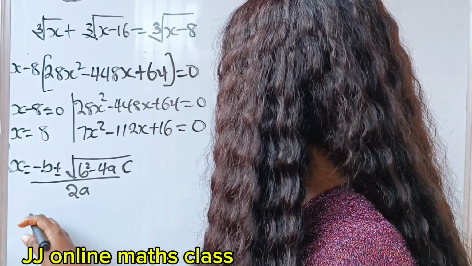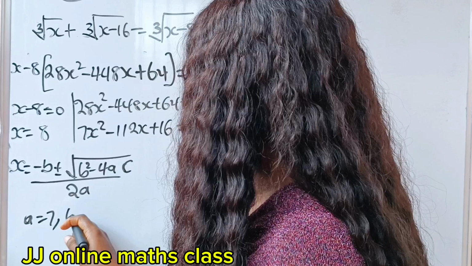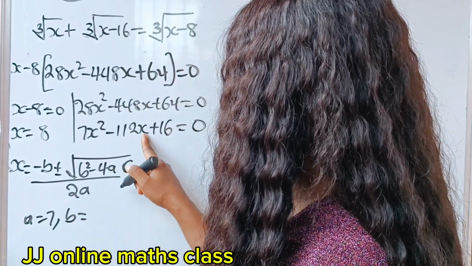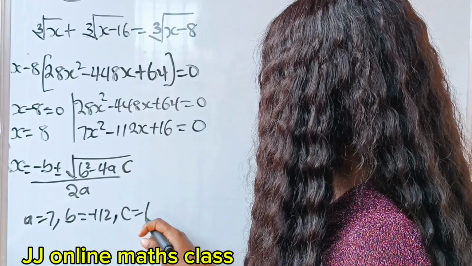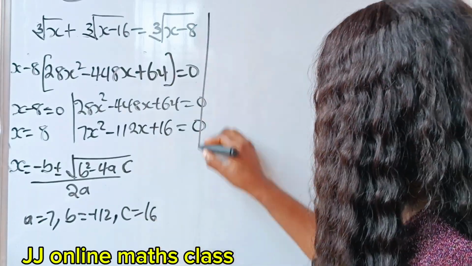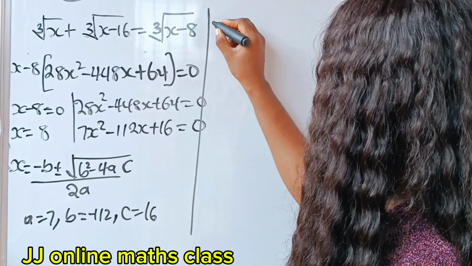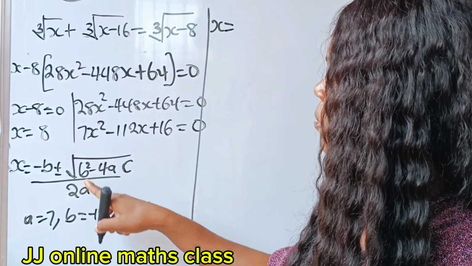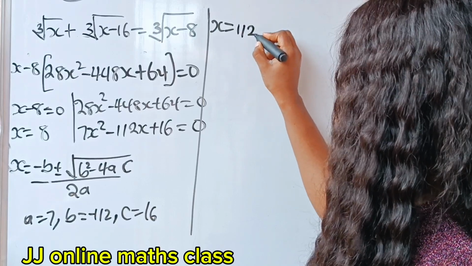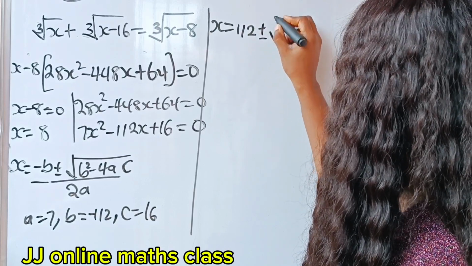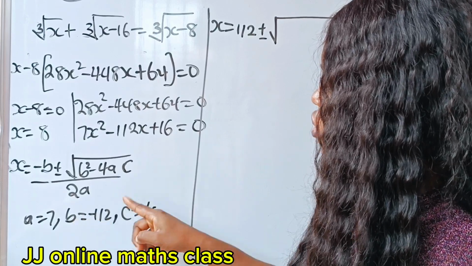Now in this case our a is equal to the coefficient of x squared, which is 7. Our b is equal to the coefficient of x, which is minus 112, and our c is our constant, which is plus 16. So if we plug these values into this equation, we have that x is equal to minus b, that is minus minus 112, which is 112, plus or minus square root of b squared, 112 squared, right?